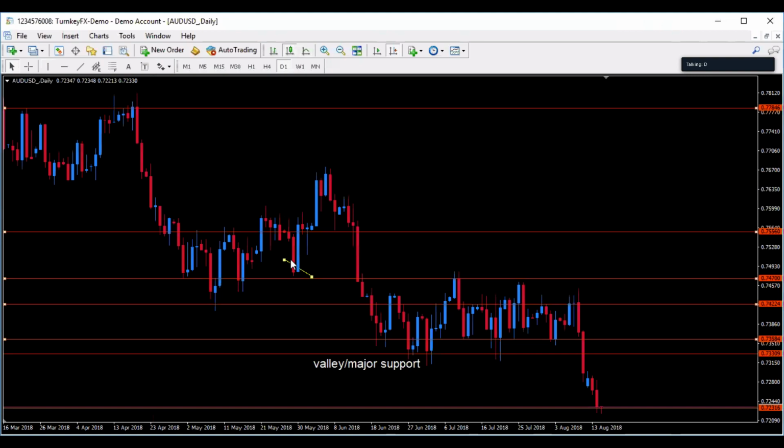That means that this bullish candle has taken over the market and is now in an uptrend. This line right here was my resistance line.